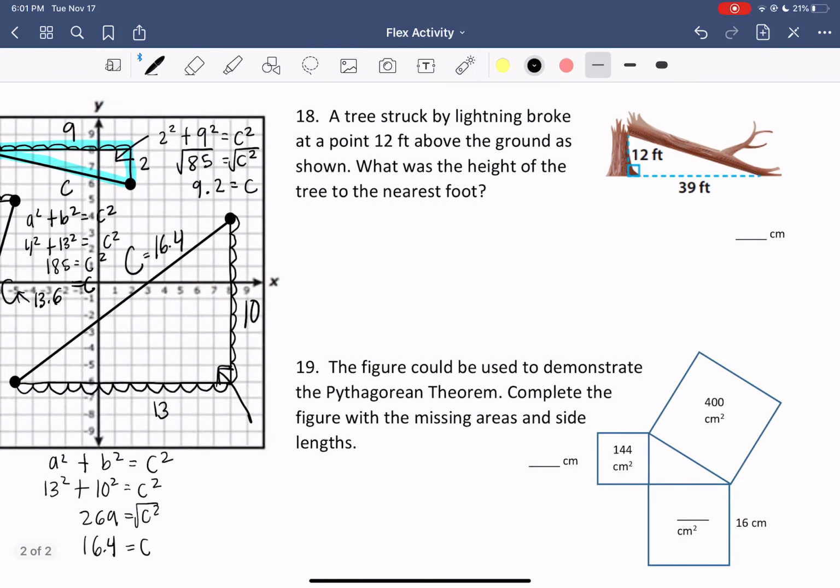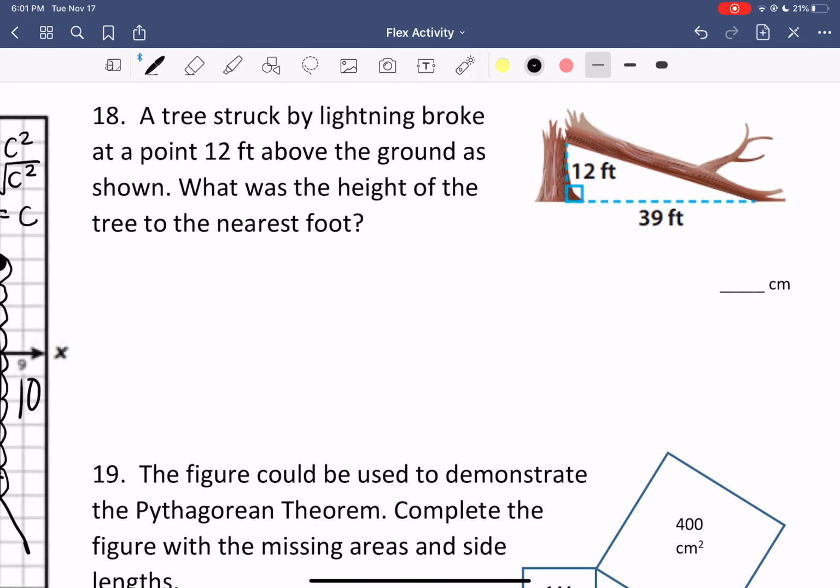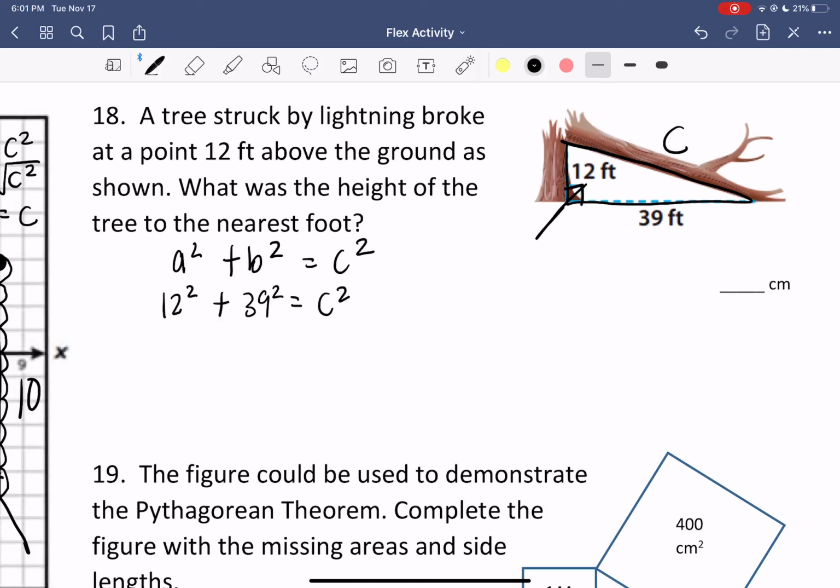And number 18. A tree struck by lightning broke at a point 12 foot above the ground as shown. What is the height of the tree to the nearest foot? So we're looking for c. So if you see, we have our right triangle here. And so that means if we have a squared plus b squared equals c squared, we don't know c, but we can put in 12 squared and 39 squared for our a and b.